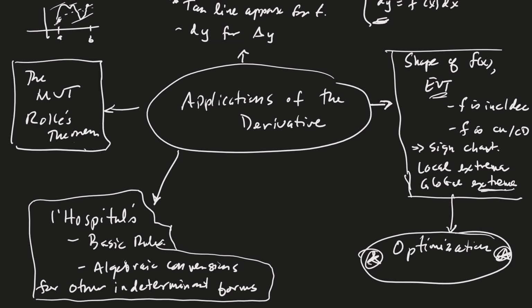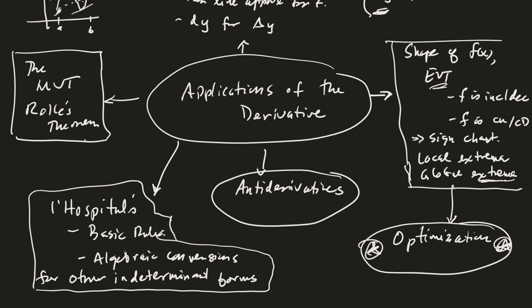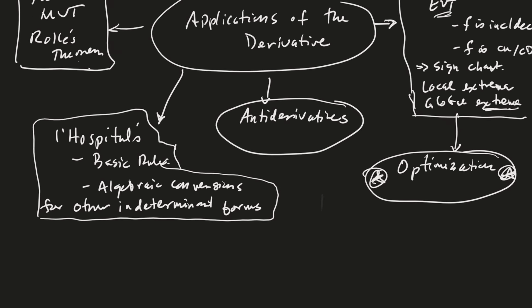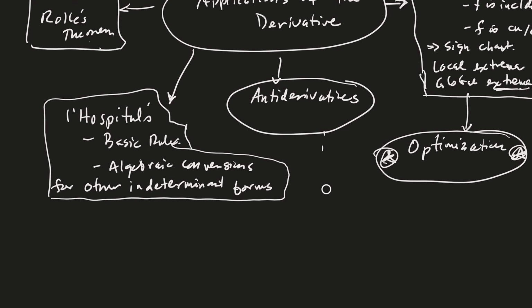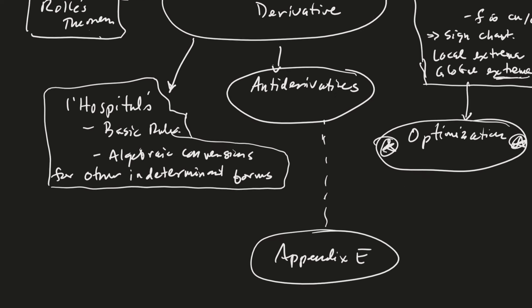Okay, looks like we're getting short of time, so let me go ahead and finish things up here. We have the antiderivatives as kind of a separate application of the derivative. And this together with our last section, Appendix E, which are the sums, is going to prepare us for Chapter 5.